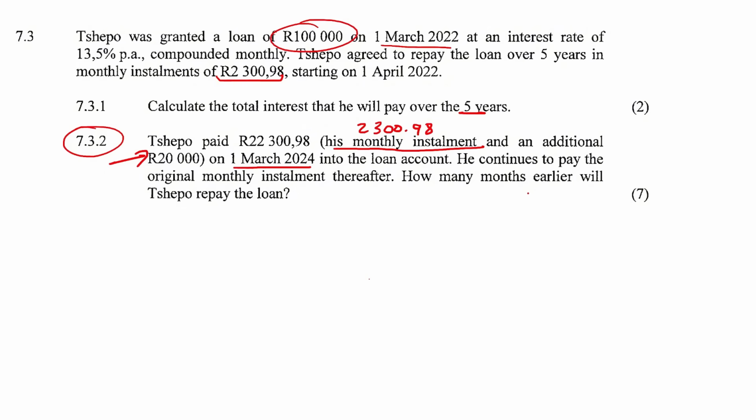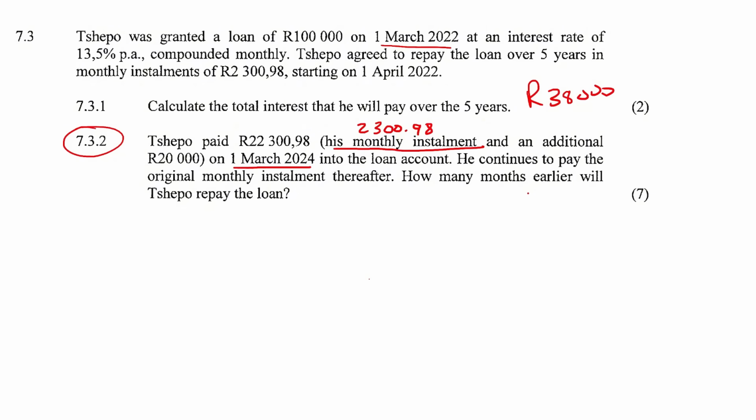So you know how we calculated the interest here, and it was like 38,000 Rand? But that was only if he kept paying this much for 5 years. However, because he now puts an extra 20,000 Rand immediately, it's going to end up causing this to become a lot lower. So he's actually saving money by paying back the loan faster, okay?